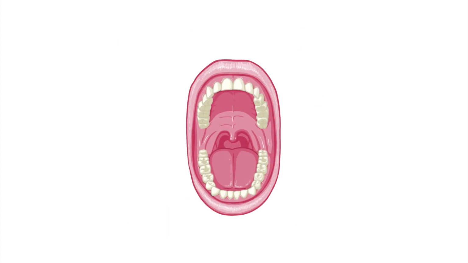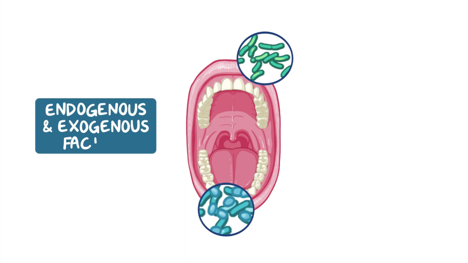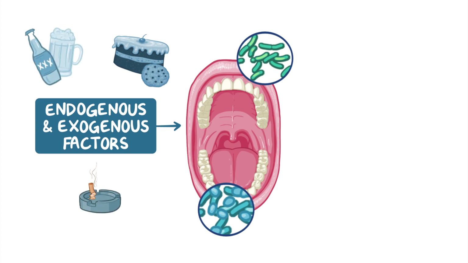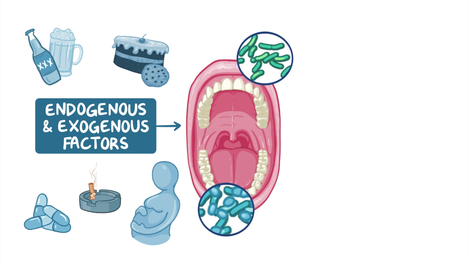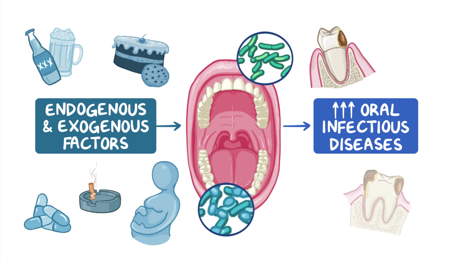Now, the oral microbiota can be altered by a series of endogenous and exogenous factors, such as diet, smoking, alcohol, antibiotics, or pregnancy. This alteration can disrupt the bacterial equilibrium in the oral cavity by increasing harmful bacteria and decreasing the beneficial ones, thus leading to a series of oral infectious diseases such as dental caries or periodontal diseases.